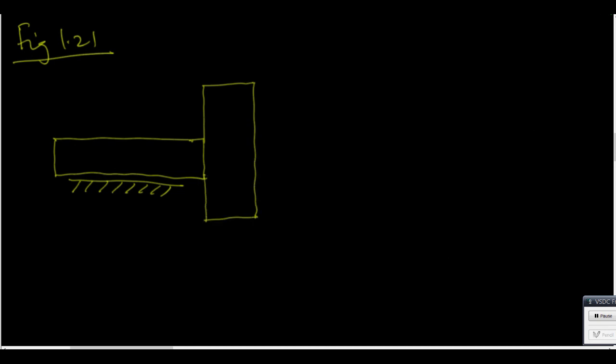I will not even draw the whole thing. This part slides on that, and on it over here attached. So this whole thing, let me mark it like this. This part and this part all joined together, right? It's one body.